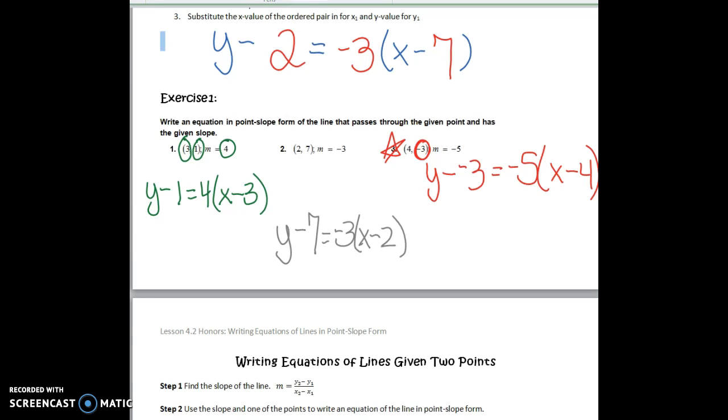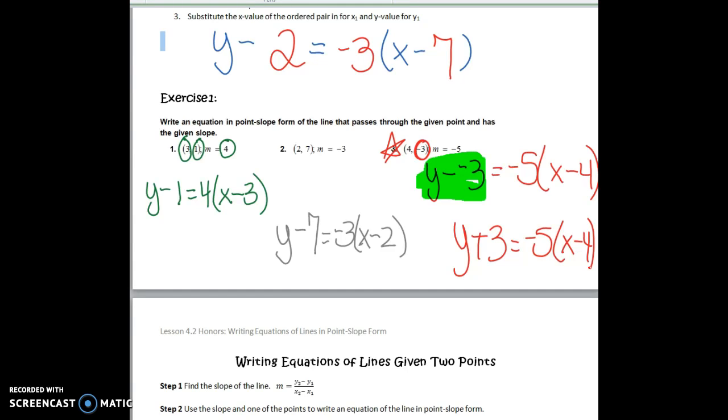We're going to change this and make it y plus 3. When you have a plus, that actually means that your y value is negative. I don't want my double negatives. So if it's minus a negative number, you're just going to put a plus sign.